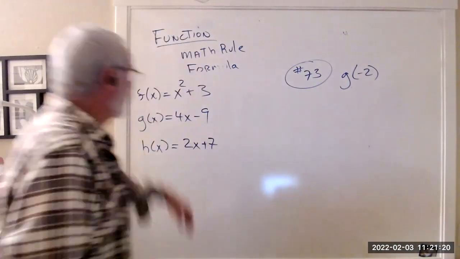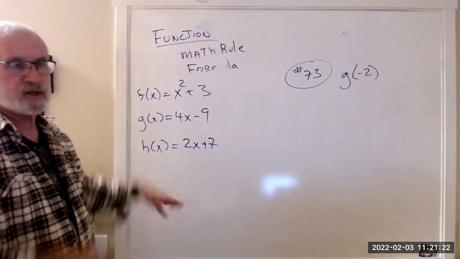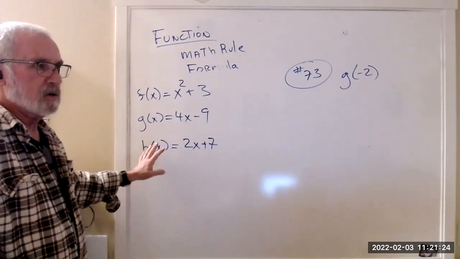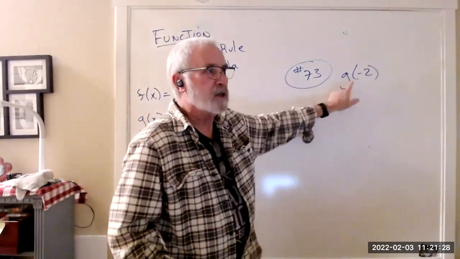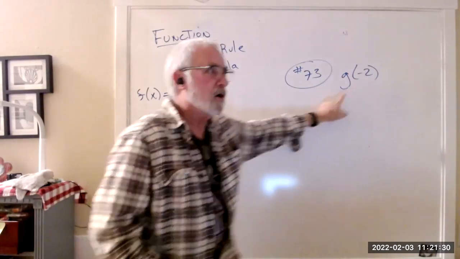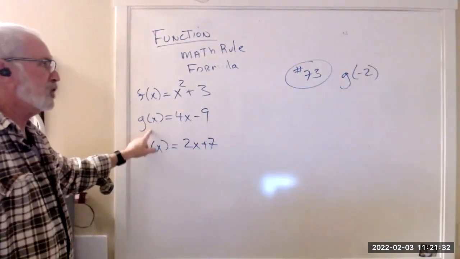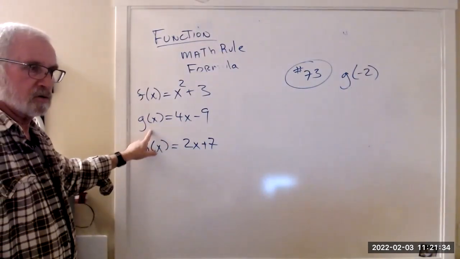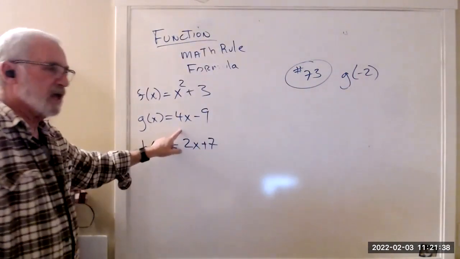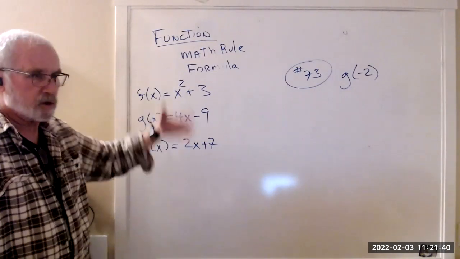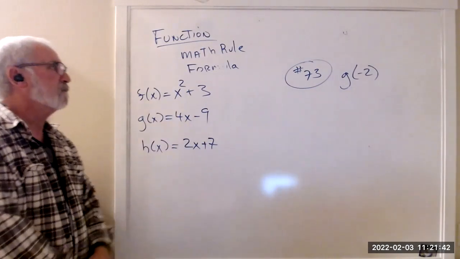So I've given you these functions for the test, for example, but then I say find G of -2. Well, that's the name. That's telling you to go look at the G function and put -2 in place of the X and then work it out. So go ahead, give that a try.